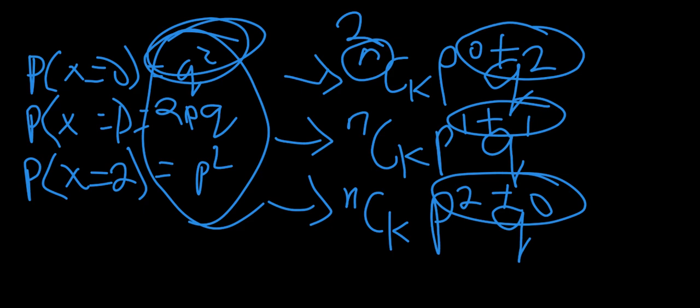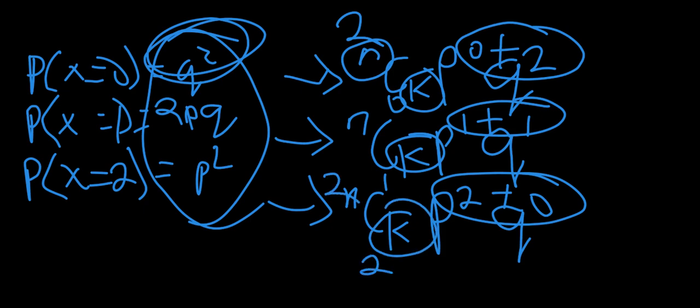Now for our k, we simply know that k is the number of outcomes, and we can denote this k as zero for the first, one for the second, and zero for the third. Now I've simply put down the values for each of these.